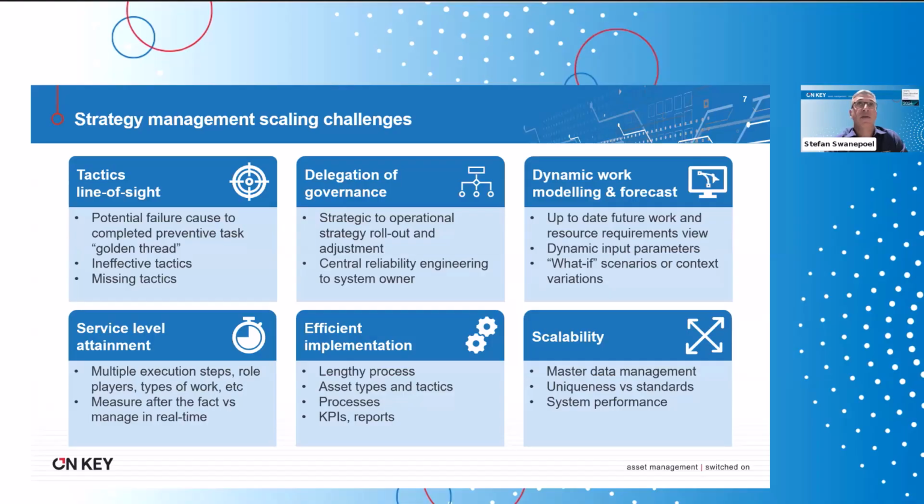Now, if you don't have that line of sight capability, it's often the case that you've got ineffective tactics in your system that take up time and waste energy and effort, or you might be missing some maintenance tactics that's needed to address some failures that exist typically in your system. So that's the first area that's really important in terms of making sure that you've got a full, proper configured maintenance strategy for your install base.